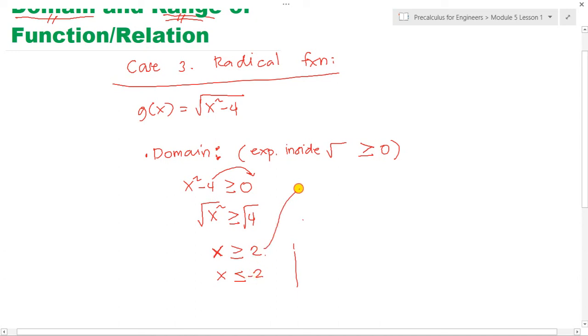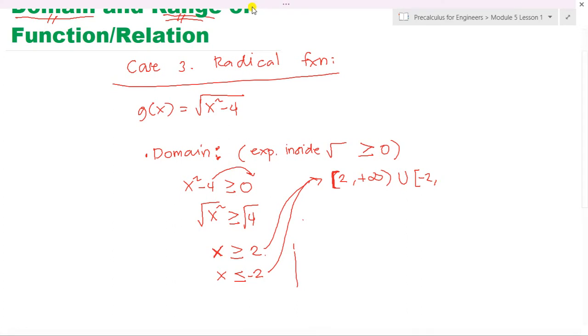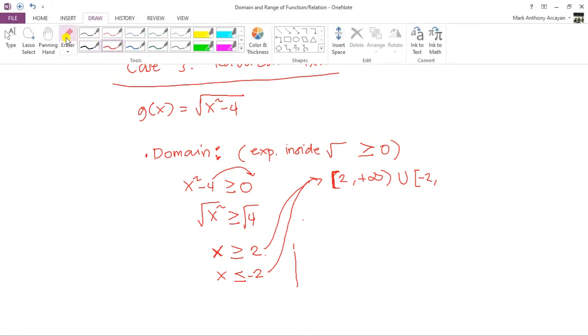Now, if we're going to represent this into interval notation, ingon diri ang una is greater than or equal to 2. So that is included ang 2. So therefore, this is not parenthesis, brace ni siya, and then positive infinity. Kaduha kay included ang negative 2. Dili mag-una negative 2 ha.